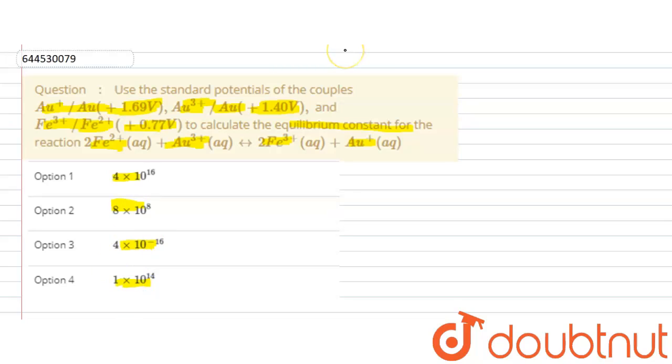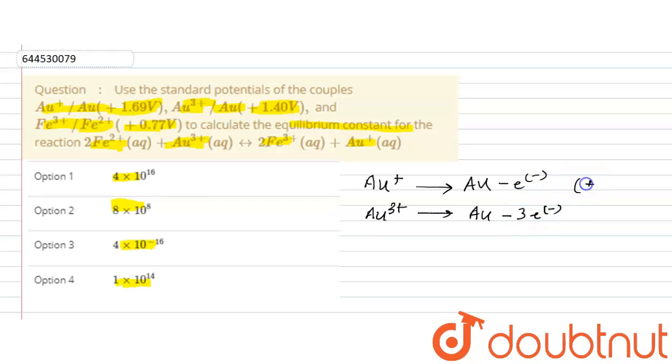Right? So let's see. Let's write down the equations first. The equation which is given is Au+ gives you Au, by the reduction reaction, we know. Then in the other case it is given Au3+ gives Au by gain of 3 electrons.